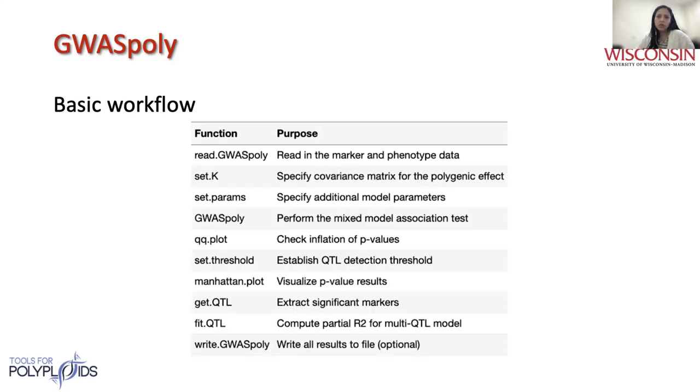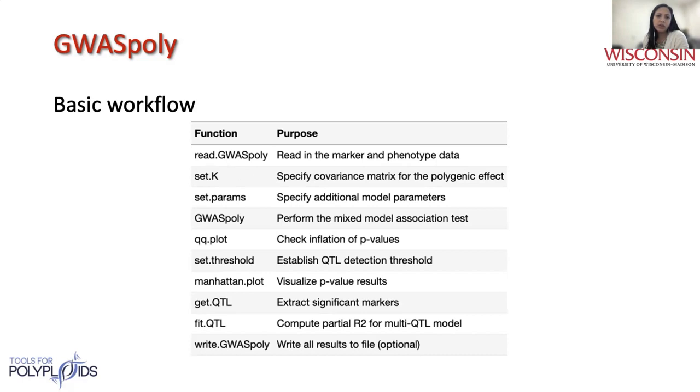So just so you know, the basic workflow of GWAS Poly, we use these main functions. The first one is read GWAS Poly, which will read the marker and the phenotype data. Then we have the set K parameter, which will specify the covariance matrix for the polygenic effect.